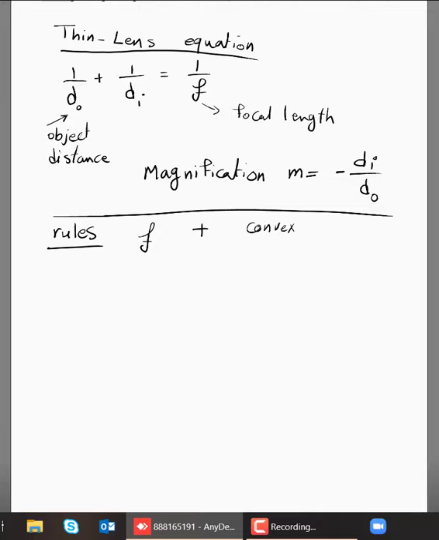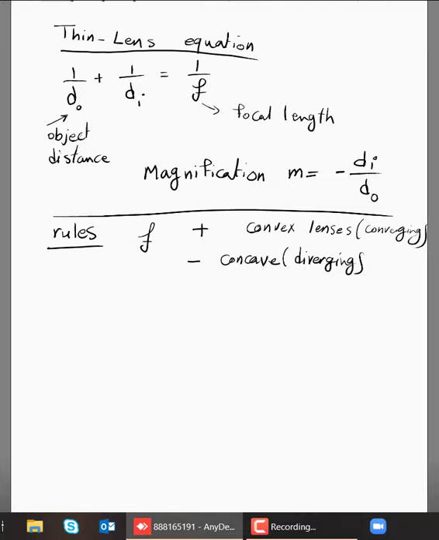So convex lens, because it converges the rays, so this is a converging lens, then the focal length is positive, and it is negative for the concave lens or for diverging lenses.